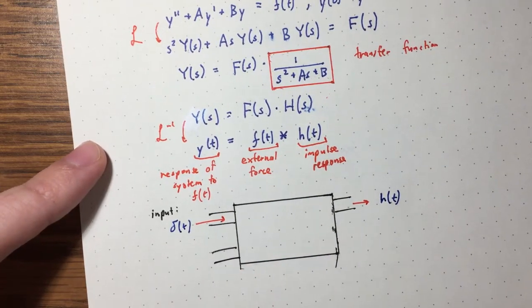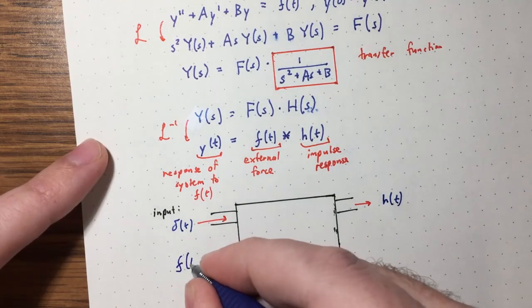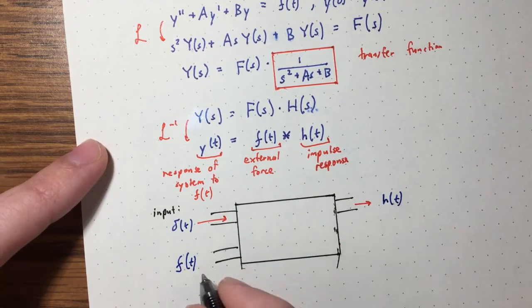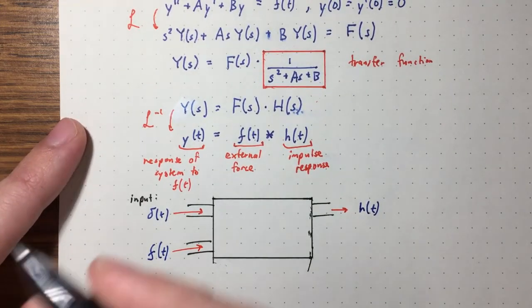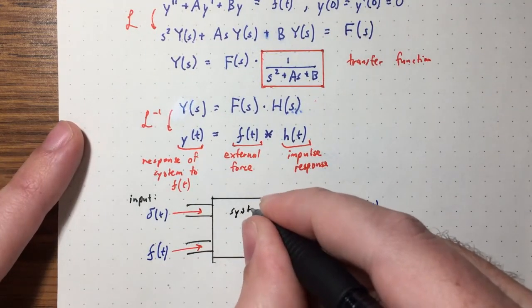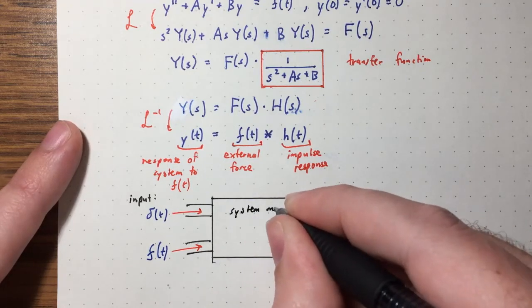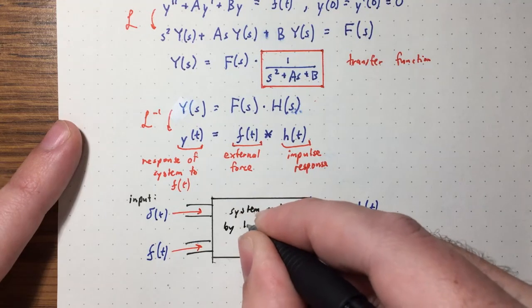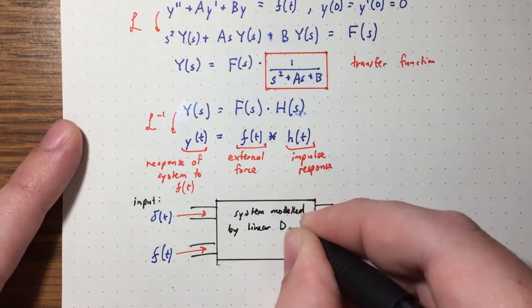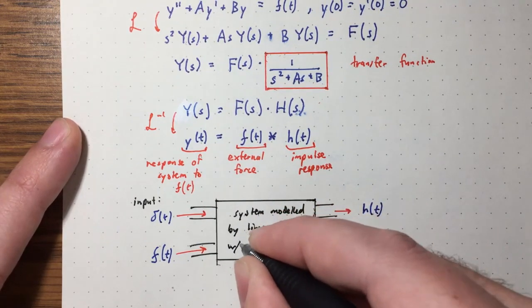Now, if we were to input instead any function, f of t, any arbitrary force. And let's recall this is some system. We don't really know the inner workings, but we know that it's modeled by a linear differential equation with constant coefficients.